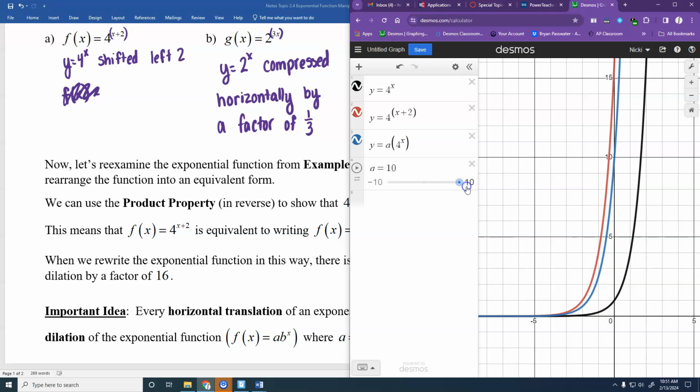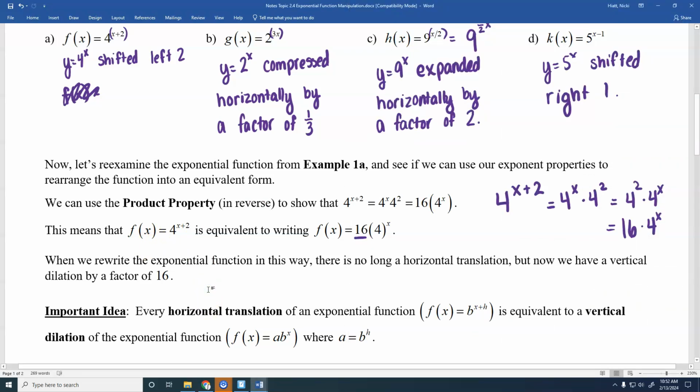It really looks like it's sliding it left instead of stretching it vertically, because there are equivalent expressions for that. It won't let me go to 16 here, but if it did, when I finally get all the way to 16, they match. So whenever we're dealing with exponentials, we can have horizontal translations that are equal to vertical dilations.